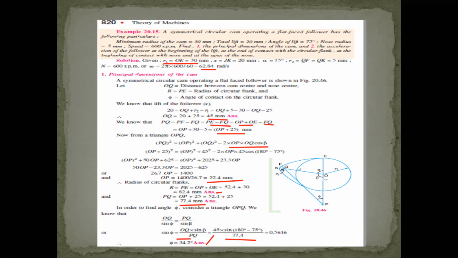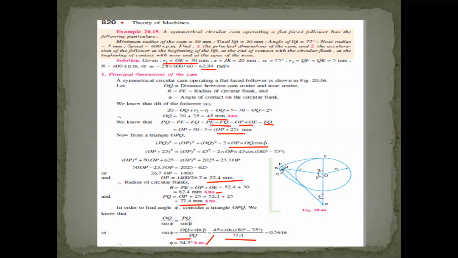Now the OP gap is known, so you should also mark it on our vertical line. Then draw the PQ line with a length of 77.4 and the arc with the capital R radius, which is 82.4 mm.